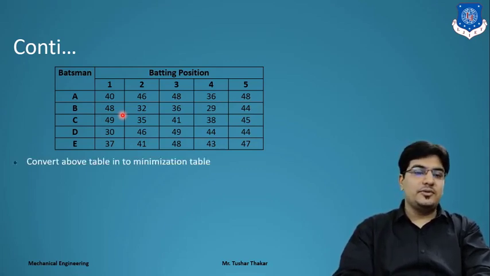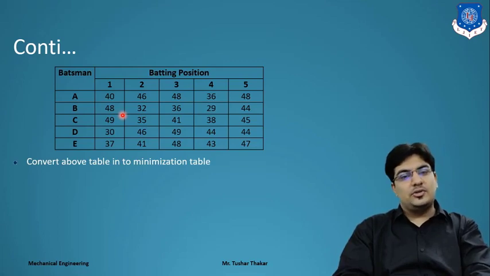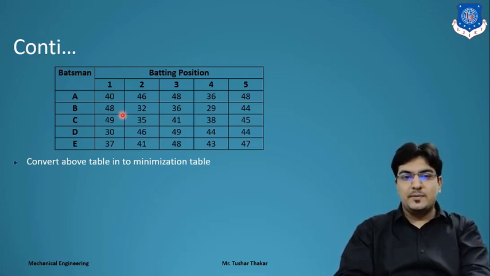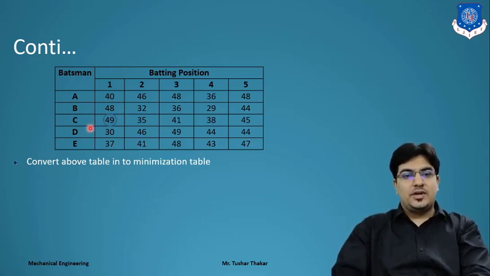So we have to convert the above table into the minimization table. For the minimization table, simple, take 49 as the maximum number and subtract all the values from it, so we can get the minimization table. Here 49 is the maximum value, over here the same, 49 is the maximum value.